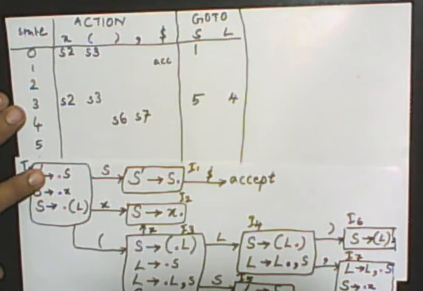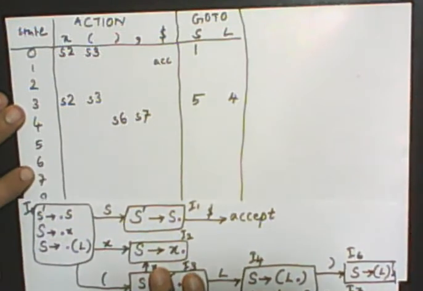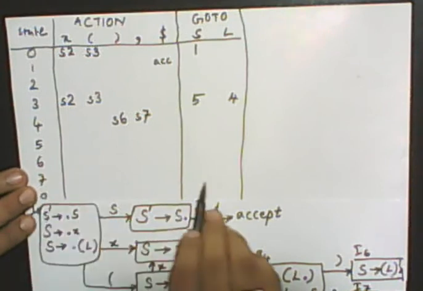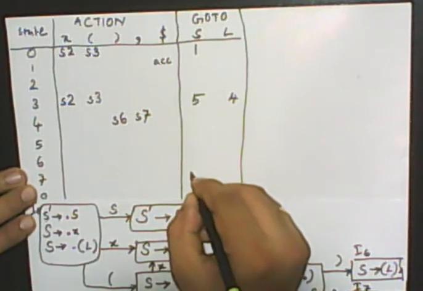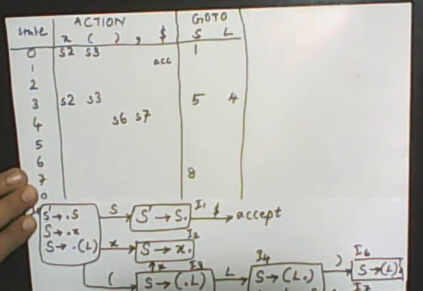I7 has 3 transitions. I7 on S goes to I8, so I have to mark 8 here.